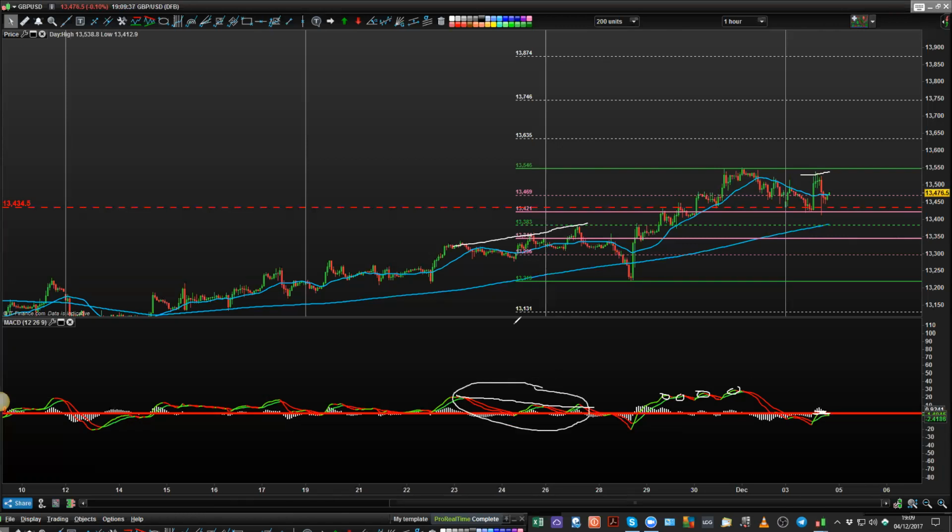And because this coincides with my favorite reversal setup, which is this, that's my favourite reversal setup, and that coincided with that. Okay, that final push up higher did break this.